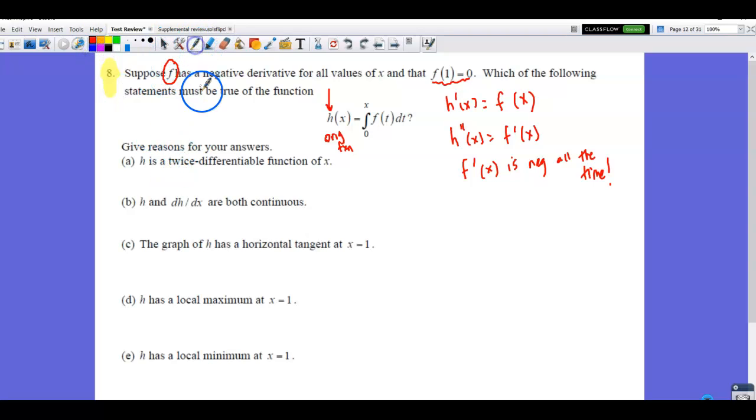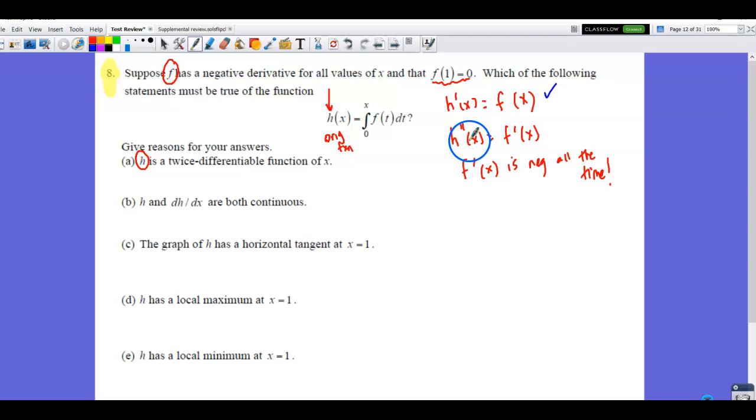So, the first question is, does h, and I meant to go with blue, have a first and second derivative? Well, we come over here and we know that h prime of x is equal to f of x. So yes, h has a first derivative.